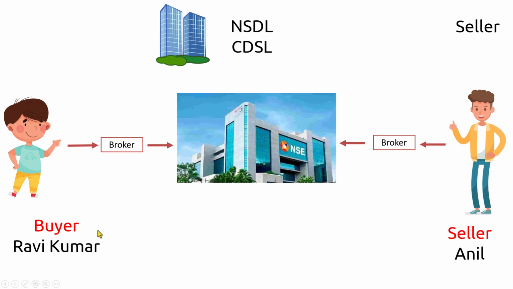Let us say that the buyer places a buy order and the seller places a sell order of 50 shares through their brokers. When there is a price match, the stock exchange like NSE or BSE executes the transaction.